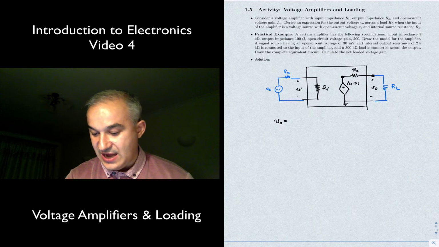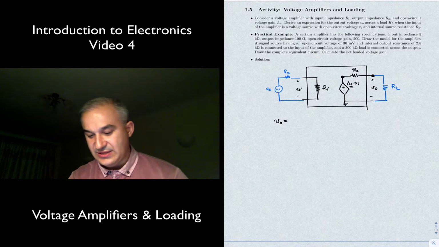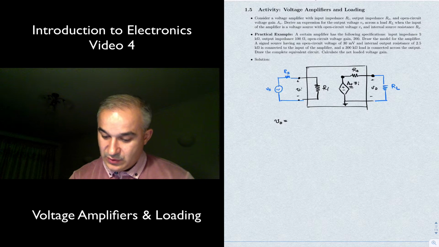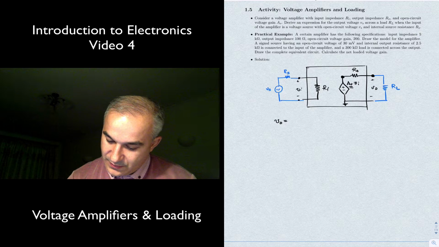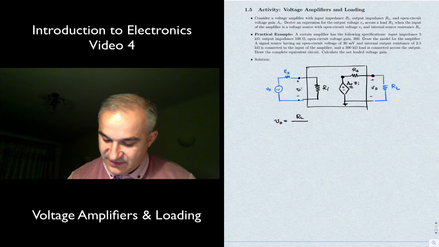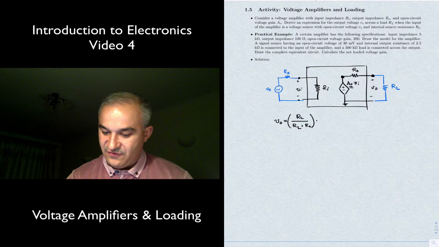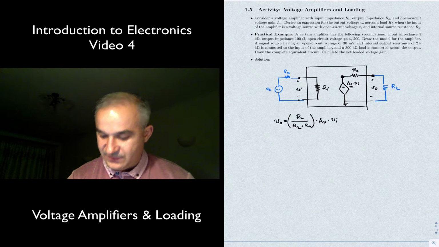The voltage source amplifies with the open circuit voltage gain whatever we sense here at the input. So the output then is simply RL divided by RL plus Rout times the voltage here, which is AV times V input.